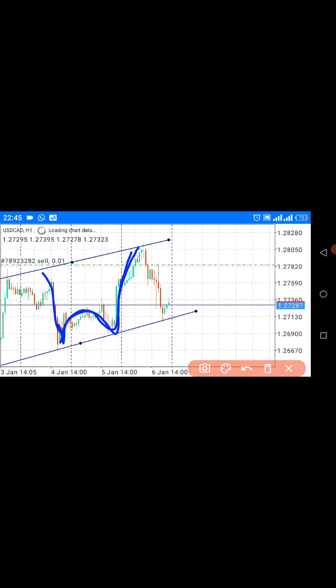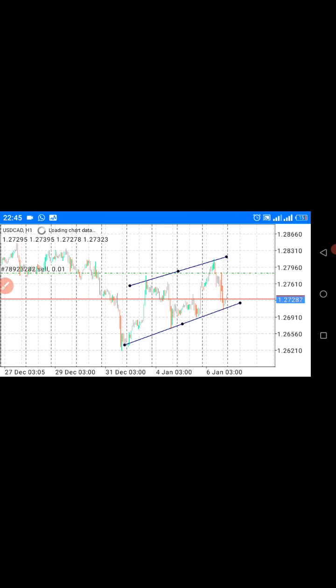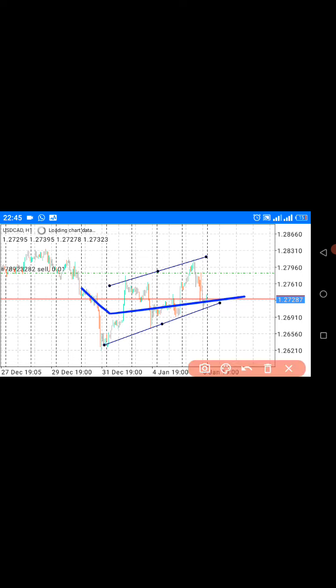inside the ascending shining. Inside the ascending shining. So probably we may have breakout like this. We may have breakout, or price may still come back here and break out, touch this place.